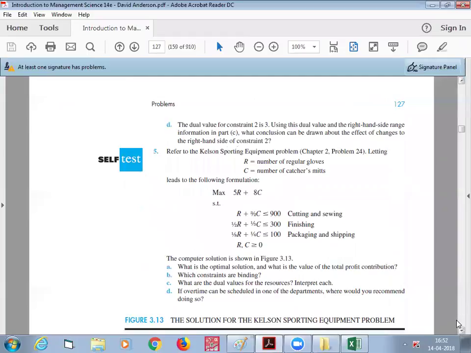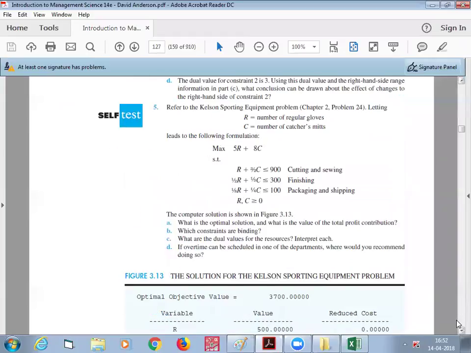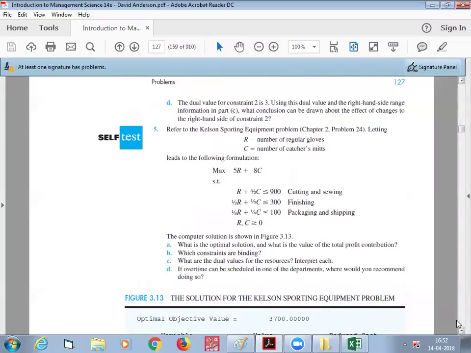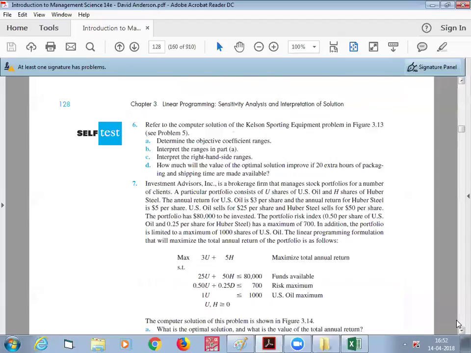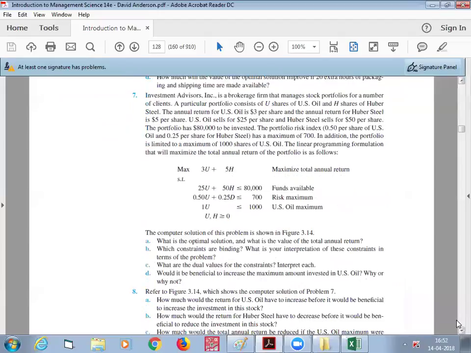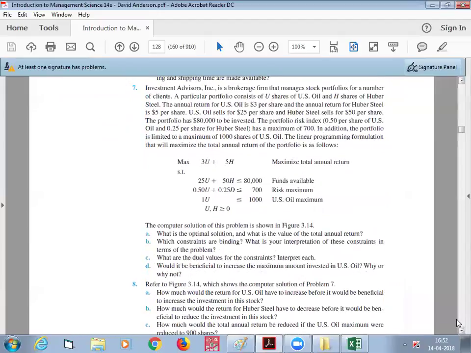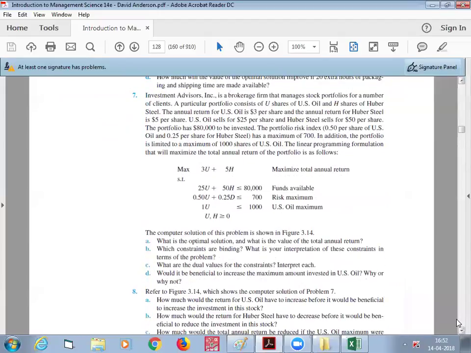We were talking about application in investment, so let's do one. I'm looking at question number 7 here.